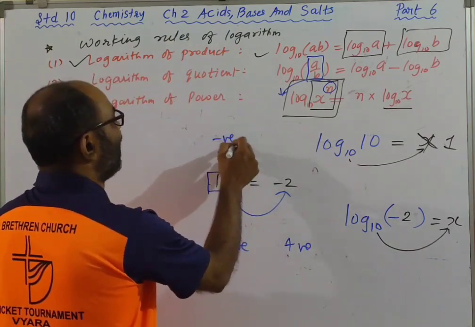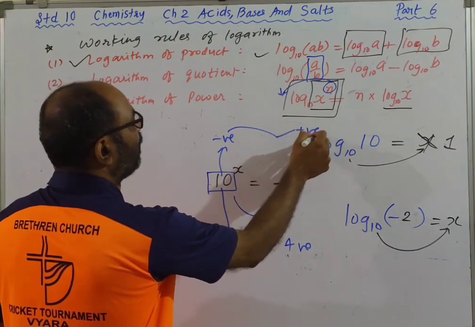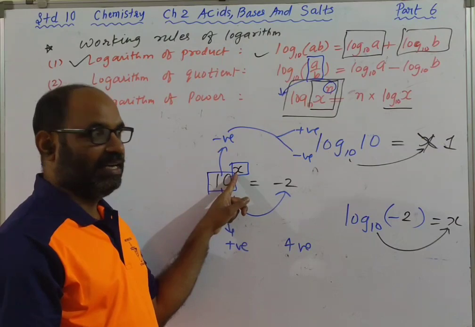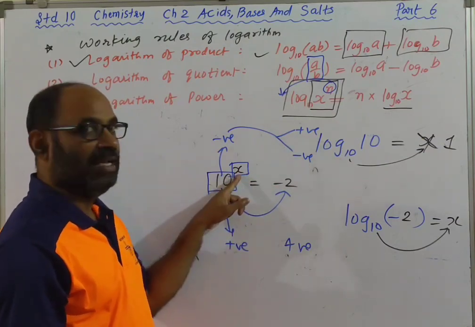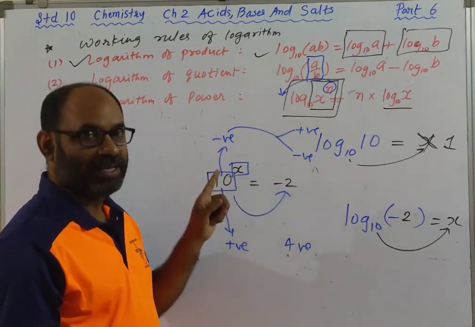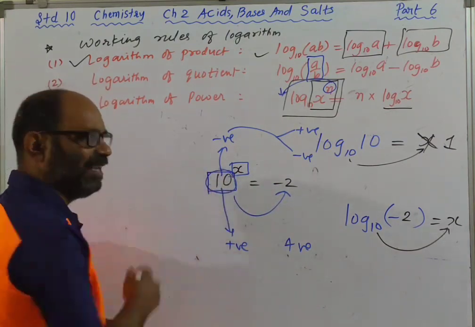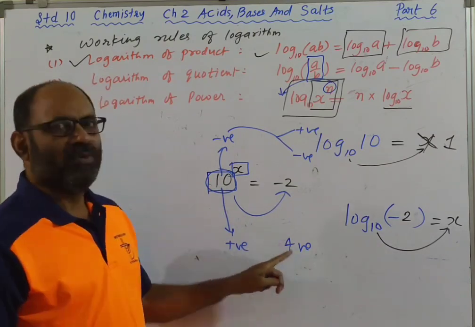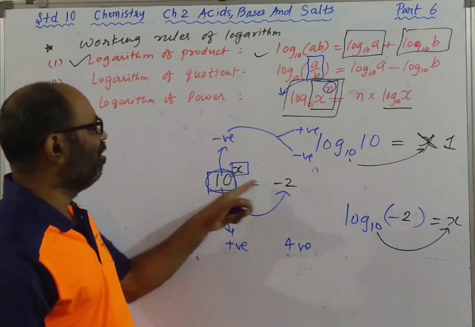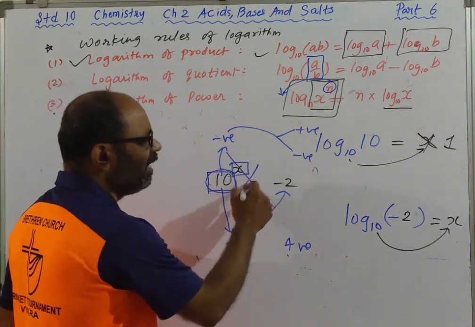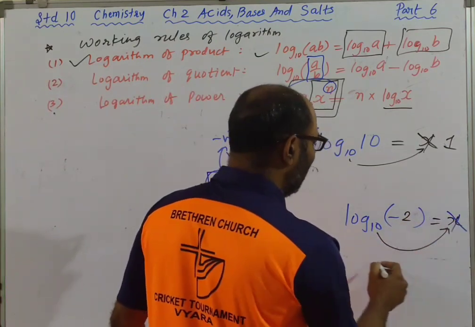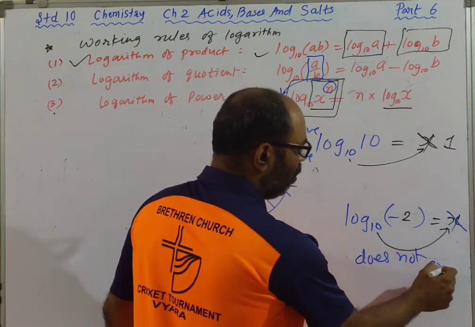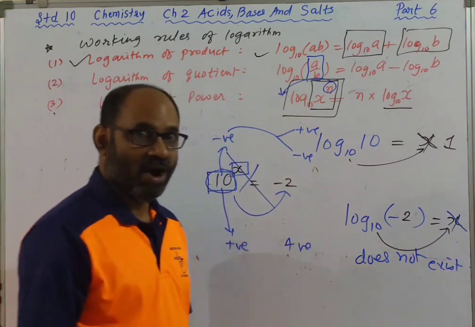If the base is negative, then the value can be positive or negative depending upon the index. If the index is an even integer, the value is positive; if the index is an odd integer, the value is negative. But here the base is fixed at 10, so the base is positive and the value is always positive. So you cannot get this, it is not possible. So you will not get the value of x. So logarithm of a negative number does not exist.